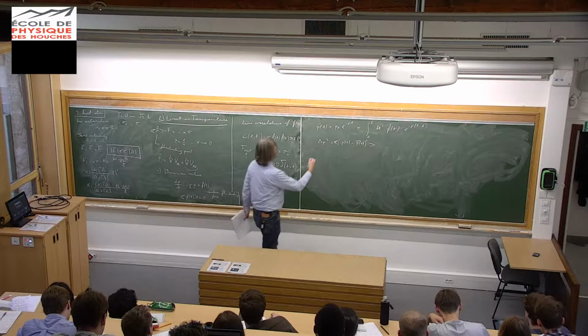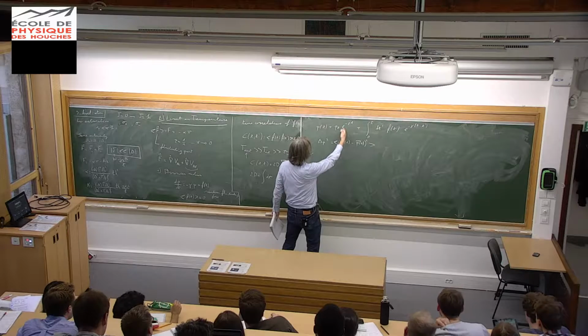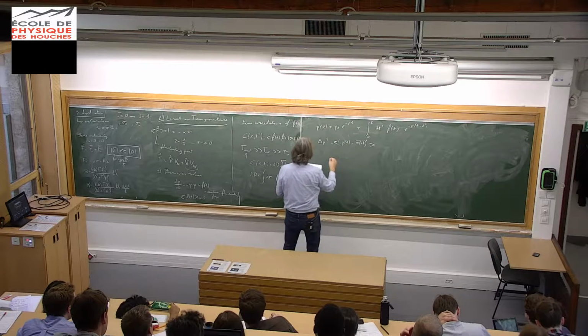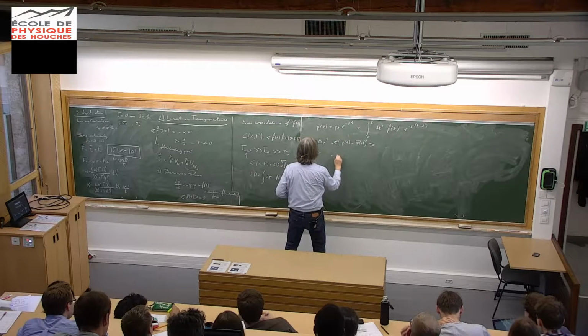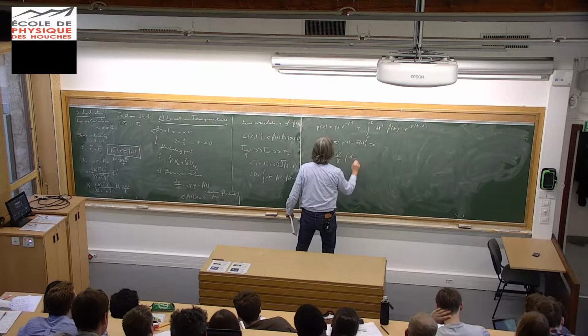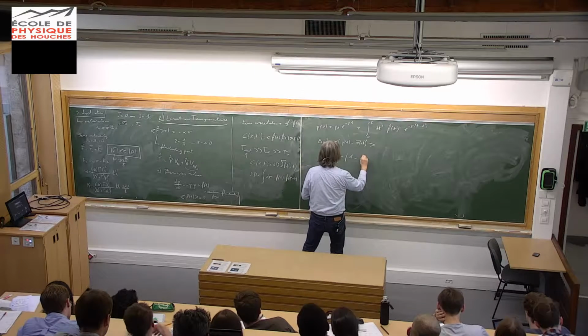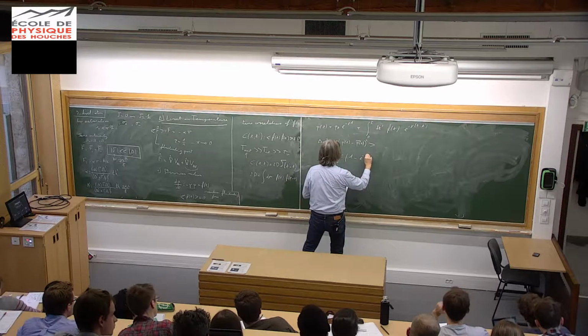And so you just plug this expression here, and you just have to make the calculation, and you find that the evolution is just going as 1 minus 2 gamma t.